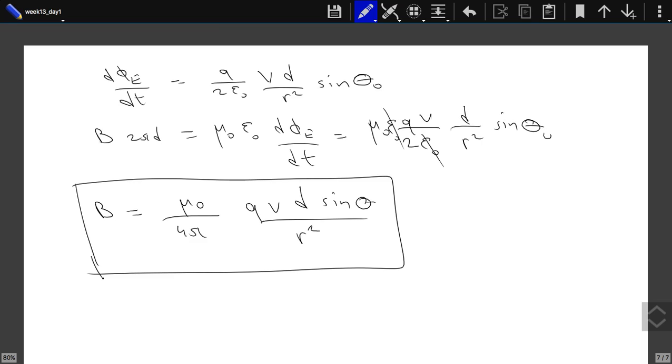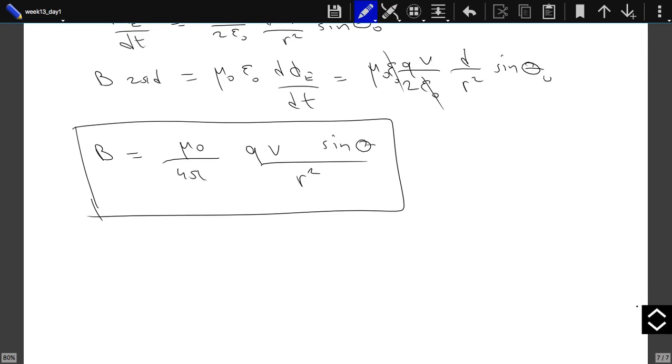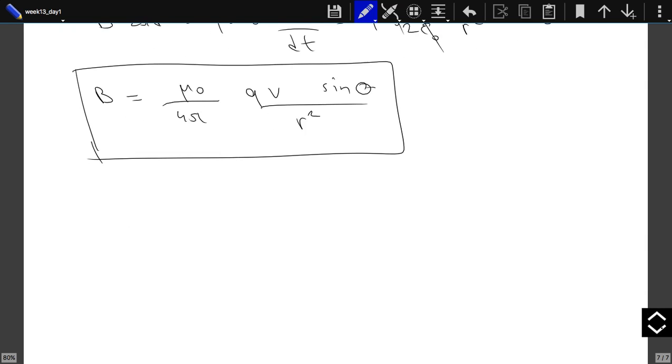This is the magnitude. Let's write it in a different form, which might be a bit more familiar to you. These, yes, they also cancel. You see, this was our problem. We had a charge over here moving with a velocity v in this direction, and we were looking at the magnetic field at this point, given by the vector r.